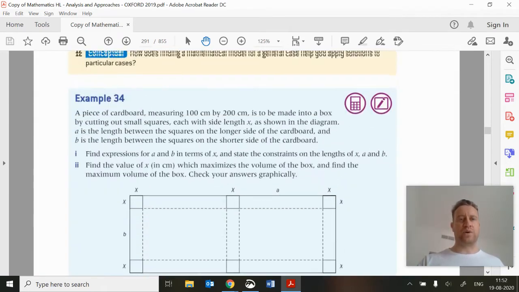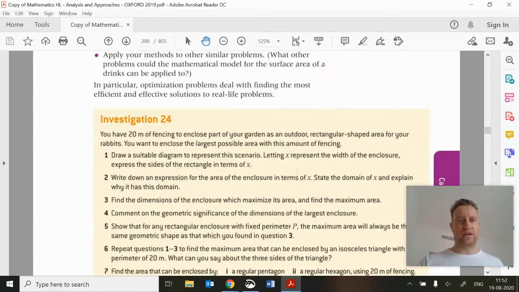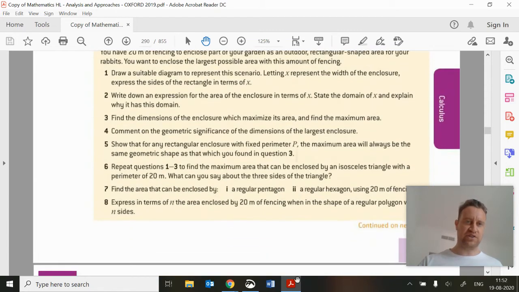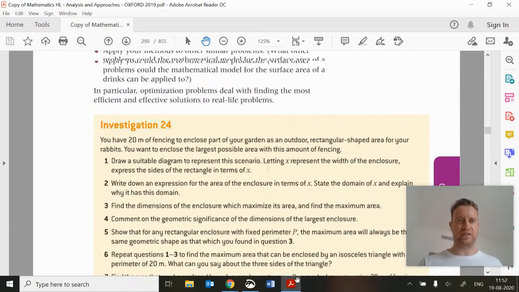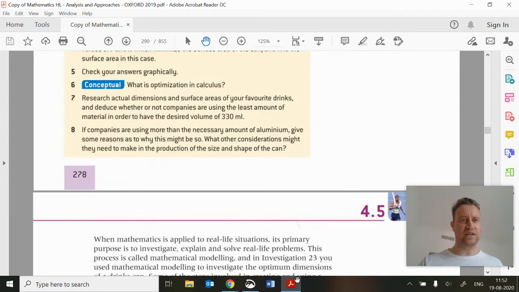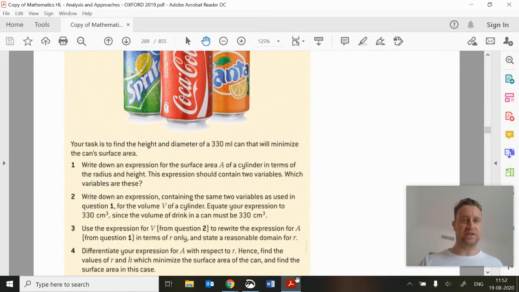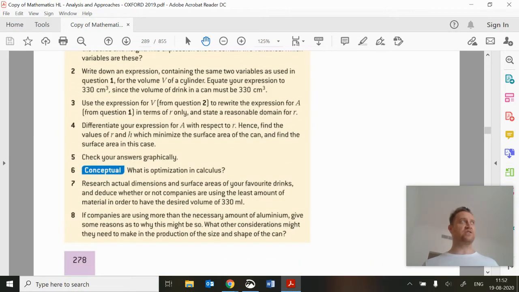Just before we do these questions, though, there's a nice investigation. There are often these good investigations, but what I particularly want to say is that there are two investigations here, and they are worth doing because they could lead to you doing an IA related to differentiation. To have some differentiation involved in an IA is quite common.